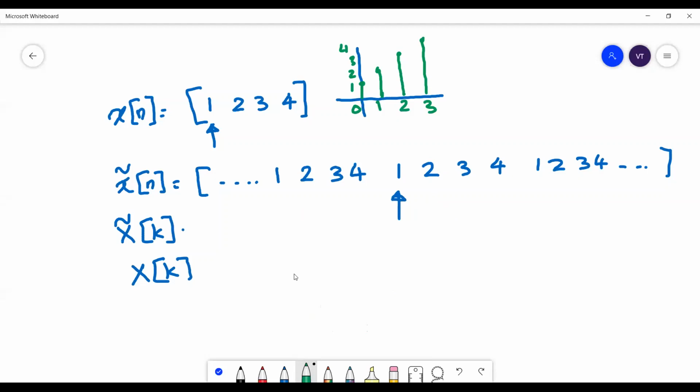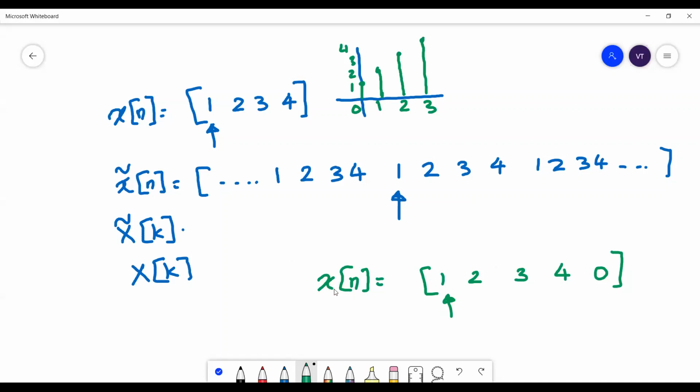Now suppose I define a new sequence, 1, 2, 3, 4, 0. I'll put a 0 at the end. Do you think any information is additionally gained in this new signal?